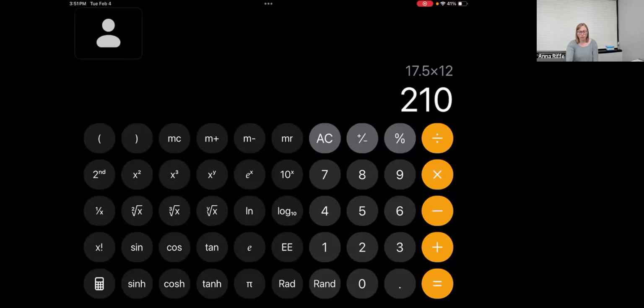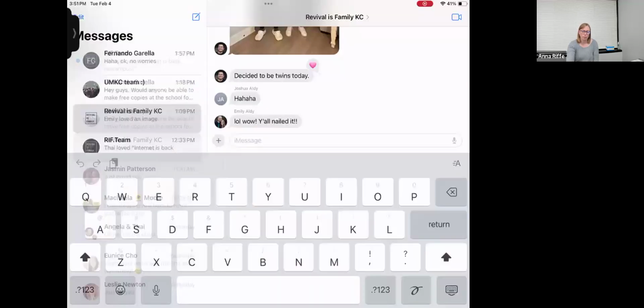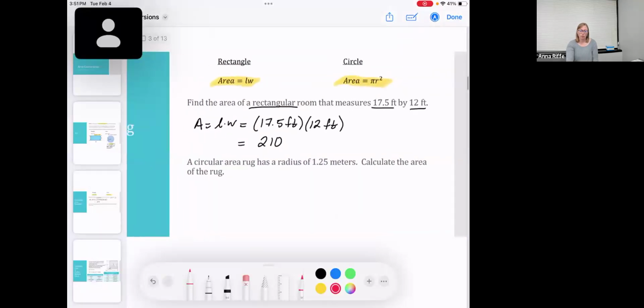No rounding necessary there. Oops, that's not what I want. There we go, 210. And then we want to be careful of the units that we use when we are stating the units of area. The units actually change.